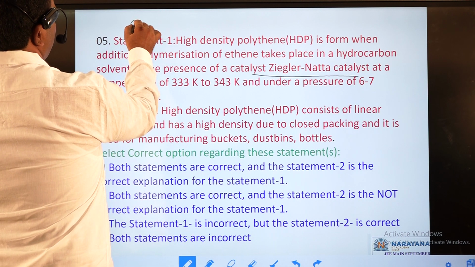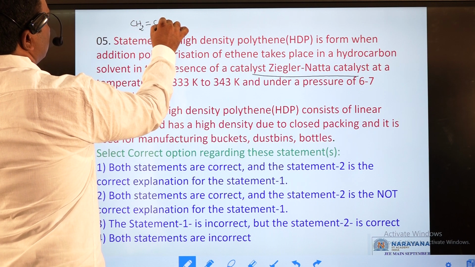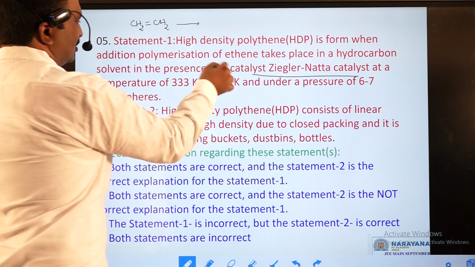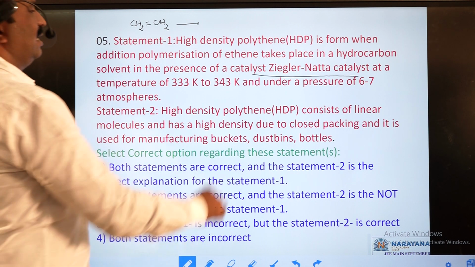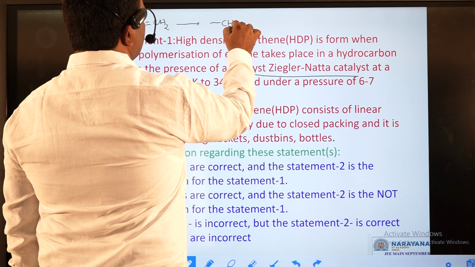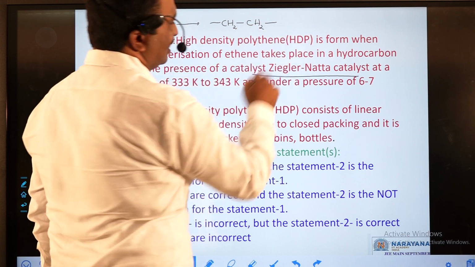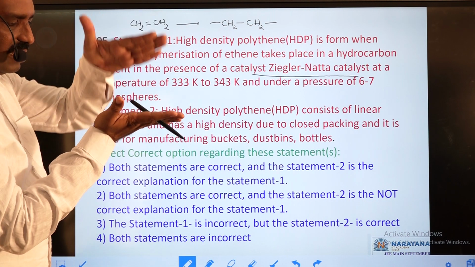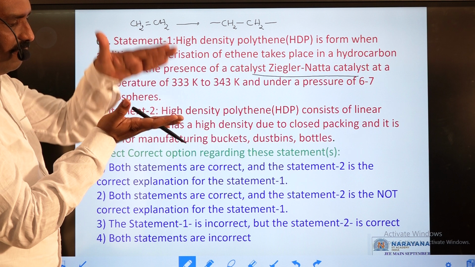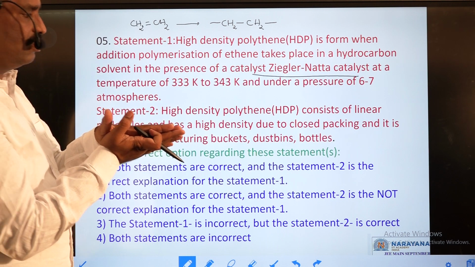Ethene, when it proceeds for polymerization in these conditions, we get high density polythene. High density polythene is linear. Why is the density more? Because the polymer molecules are compact and come very close. How can they come very close?